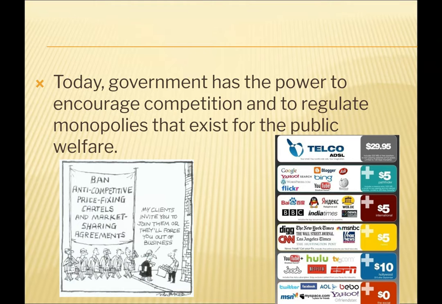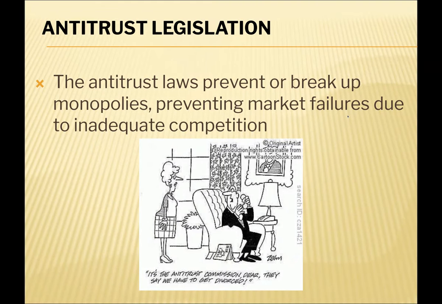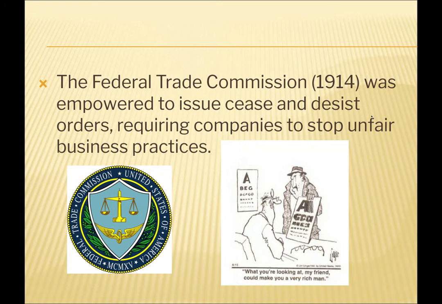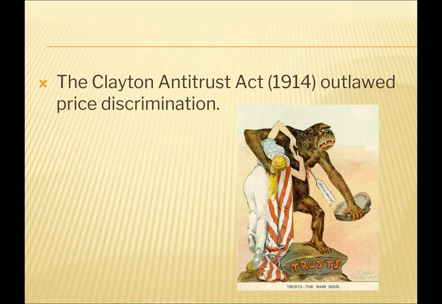I do want to go briefly over how the government gets involved. And we have talked about making sure that these monopolies don't get so big, so that these companies get so big that there's inadequate competition. I'm not going to ask you about the Clayton antitrust law.